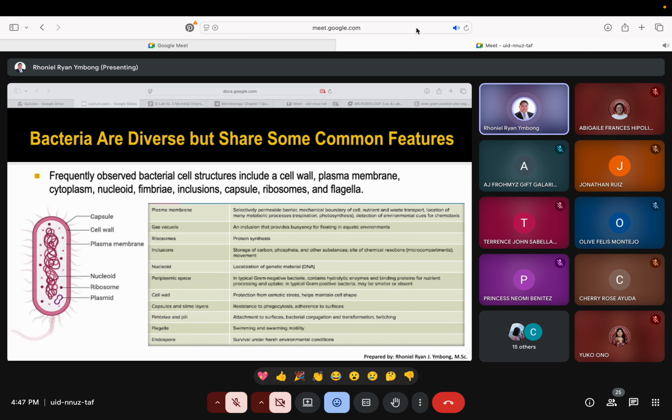So this would allow your bacterial cell to eventually withstand no kanang mga overwintering or very low temperature, very high temperature.